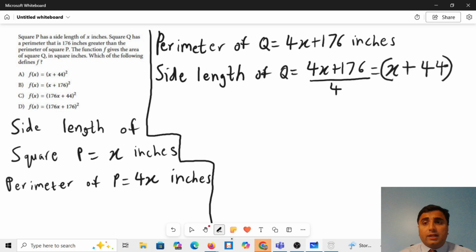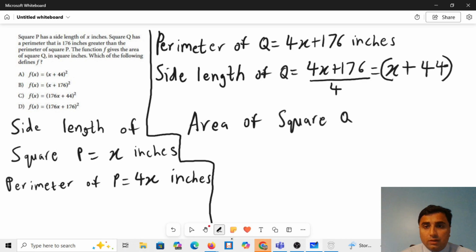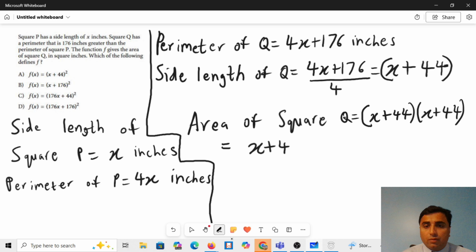Now, in order to find the area of square Q, we are going to have to find the square of the side length of Q. The area of square Q is going to be side length multiplied by itself, x plus 44 times x plus 44, and that is going to be equal to x plus 44 squared.